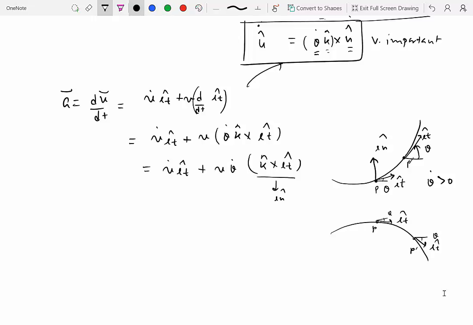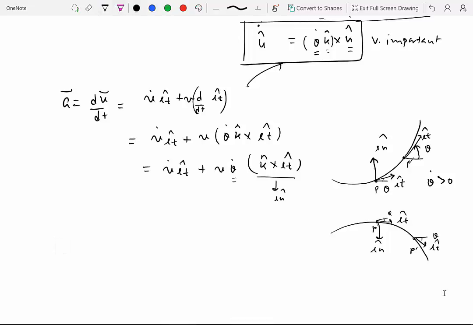So in this case, theta dot is negative, which means k is actually pointing into the plane of the travel of this path. Okay, and that means that when you take this cross product over here, theta dot is negative, so that will actually be minus k cross et hat, and that would give you the same direction as en hat towards the concave direction, right? So k cross et hat is always positive en hat.